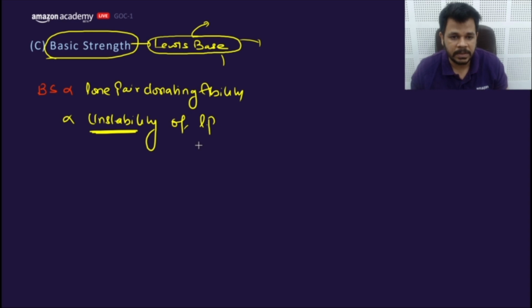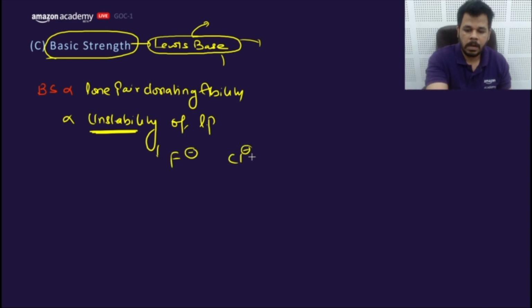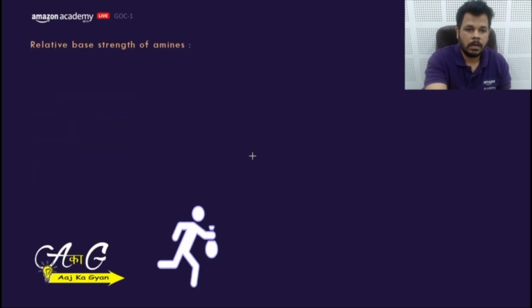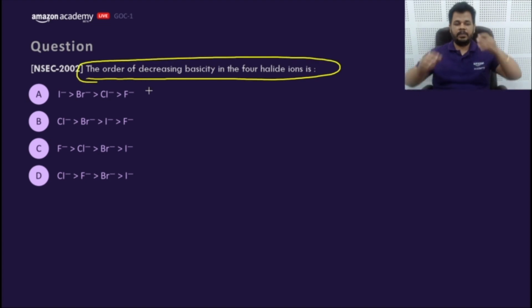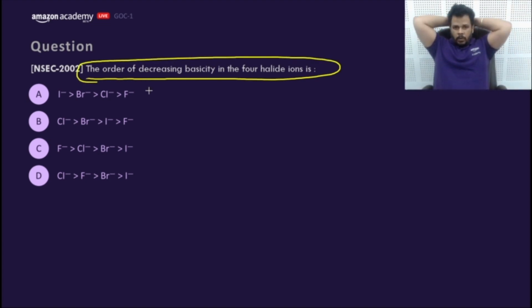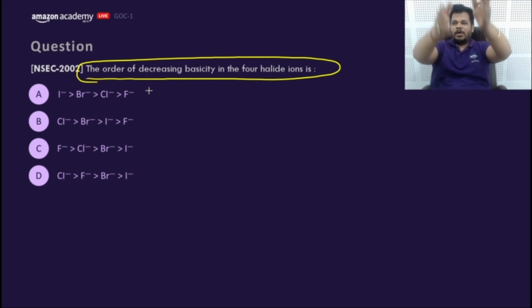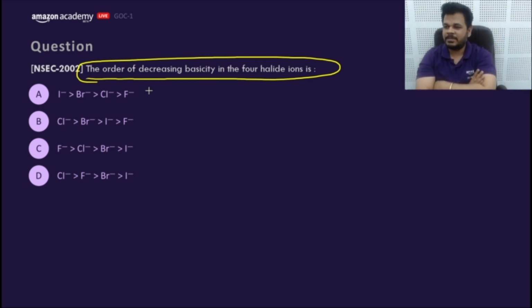Let's have an example to understand it. The order of decreasing basicity in halides. Let's have an example and answer it. What would be the order of basicity? Basicity means instability of lone pair. Concentrate in the class, my dear friends.